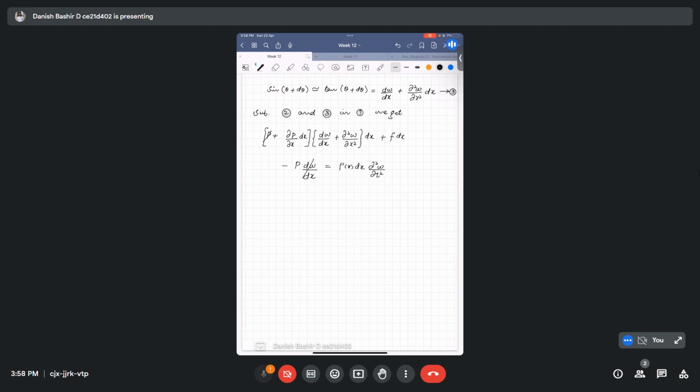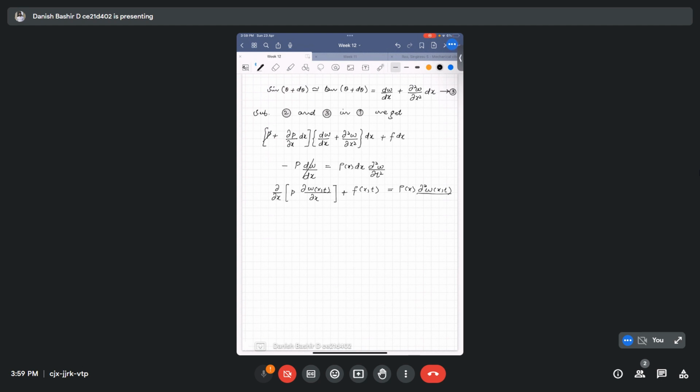Once doing all the simplifications, we will have the equation like dou by dou x of p dou w of x comma t by dou x, with respect to space, it will be equal to, it's plus f of x comma t, because dx is cancelled throughout the equation, is equal to rho of x dou 2 w of x comma t by dou t square.